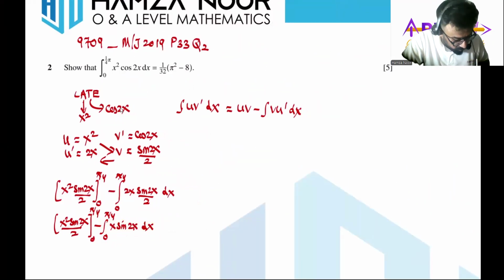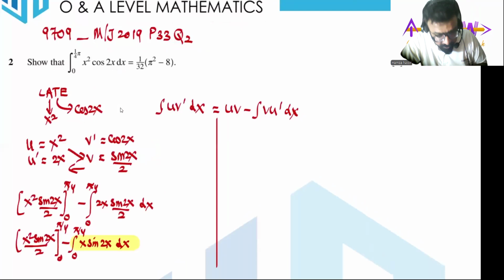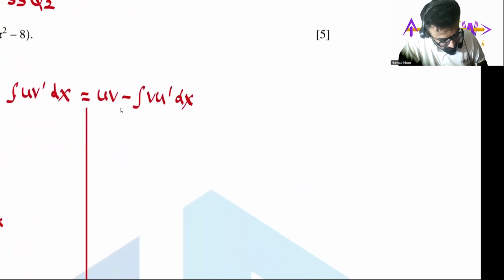So now I'm going to integrate this x times sine 2x with respect to x. For that purpose, I'll make a separator over here and do some working for integrating x times sine 2x with respect to x, with upper limit pi over 4 and lower limit 0.